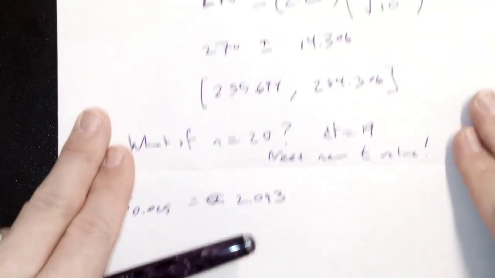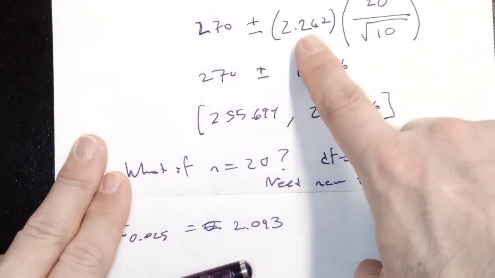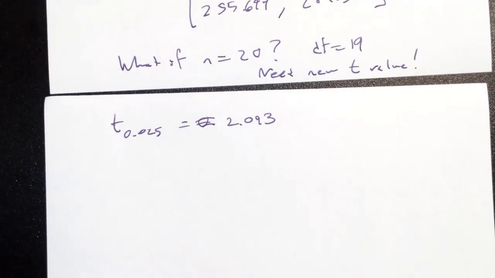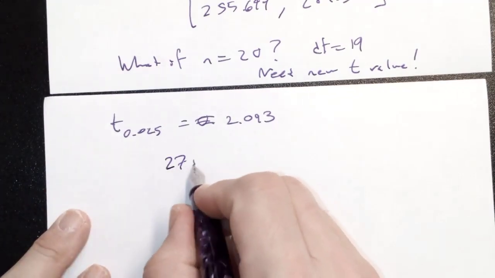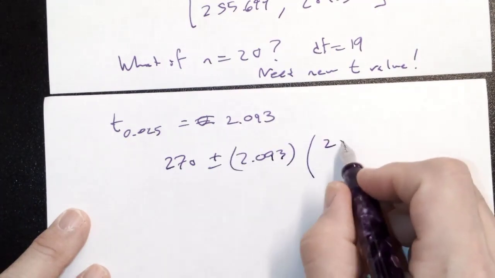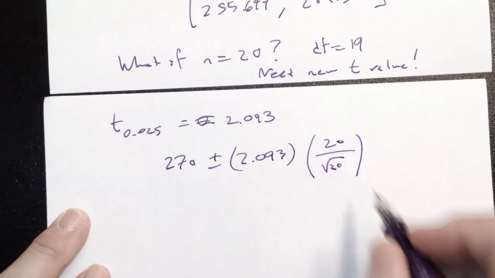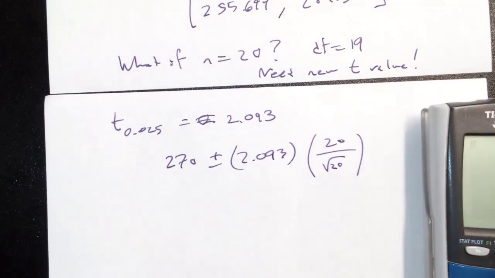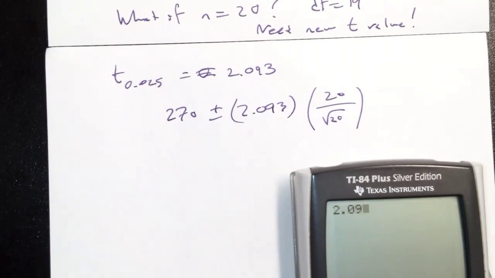But now this calculation has a new number here and a new number there. 270 plus or minus 2.093 times 20. This time it's over the square root of 20 rather than the square root of 10. 2.093 times 20 divided by the square root of 20 is 9.36.